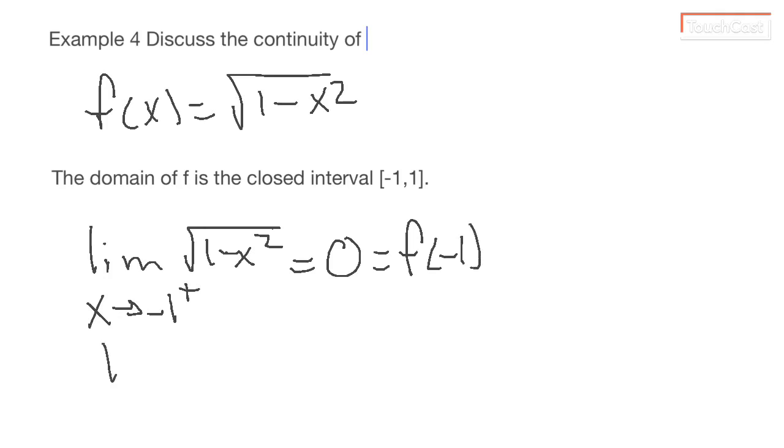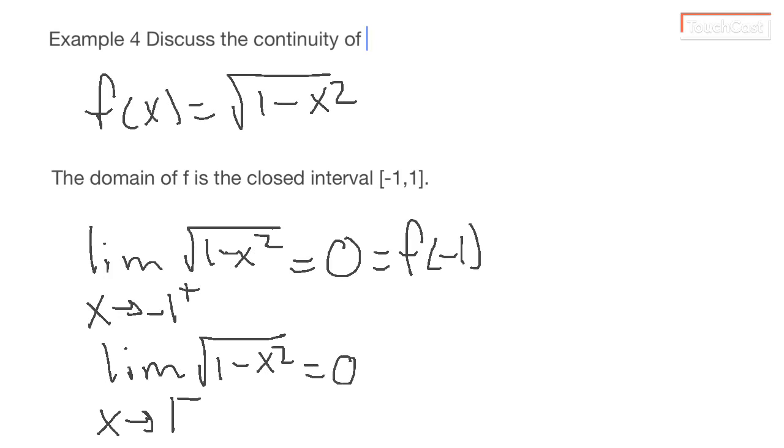And we can also check the limit of our function as x approaches 1 from the left, which again equals 0, which is also our function when x is 1. So we can conclude that this function is continuous on the closed interval -1 to 1.